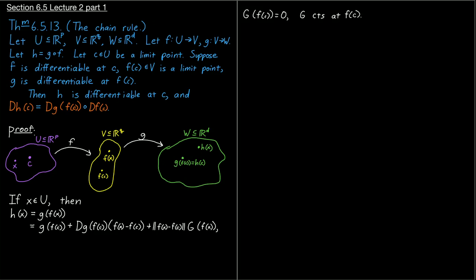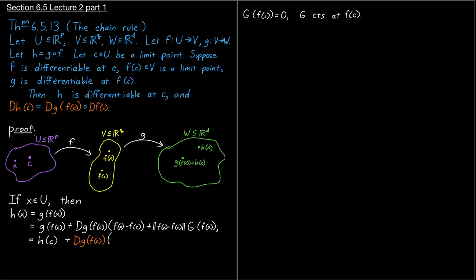Now let's write this out again using the fact that F is differentiable at C. This G of F of C, let's turn that back into H of C. And then we've got DG of F of C. That's our linear operator. And then what have we got here in the middle?